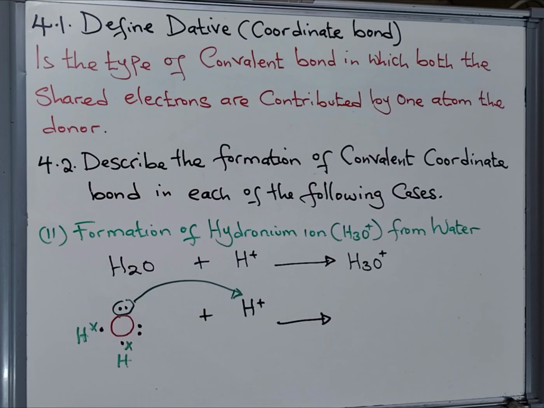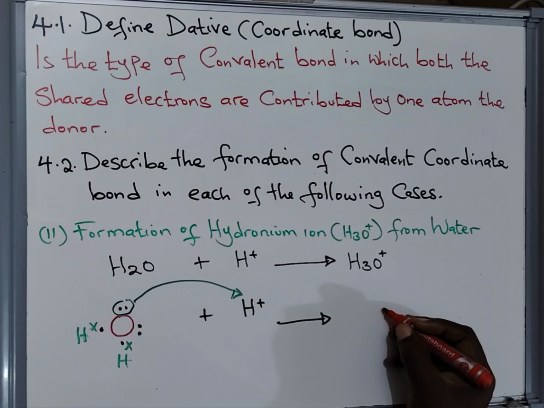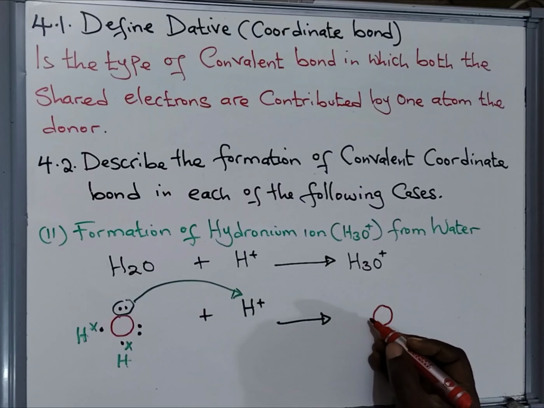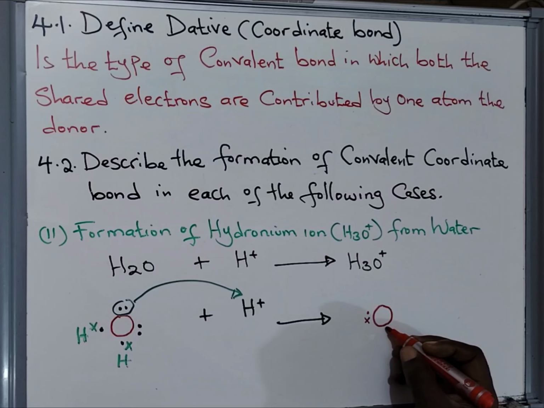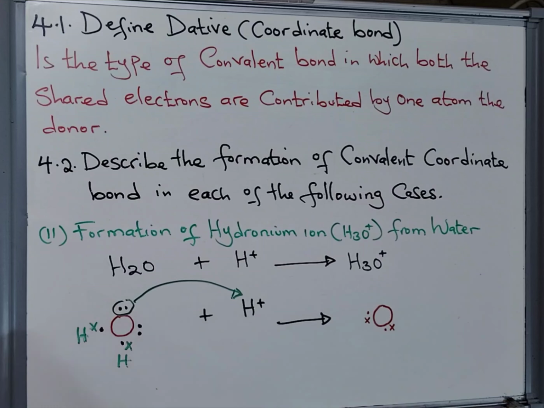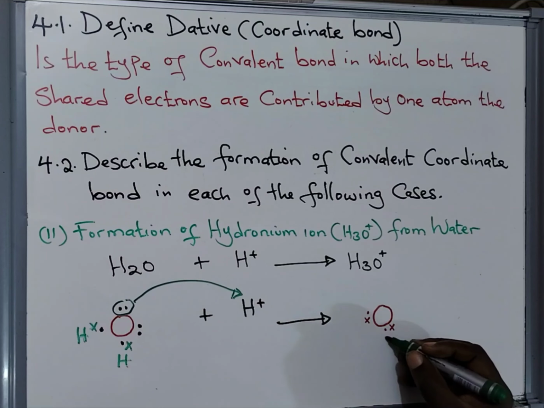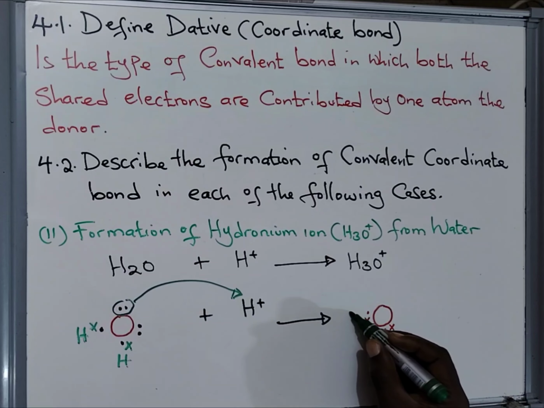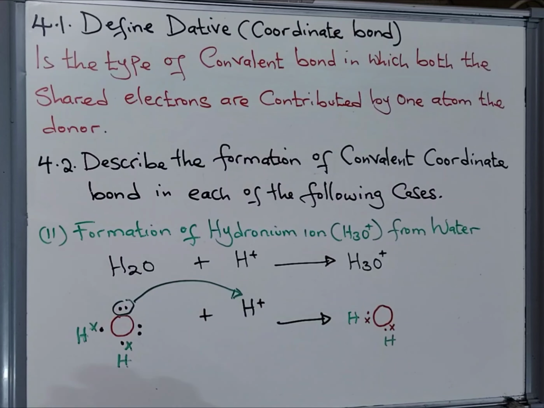So we go back to our structure of oxygen. Remember, our oxygen is known, and we know that at one time we have that bond and that bond. Bonding with what? Bonding with the hydrogen. Okay.